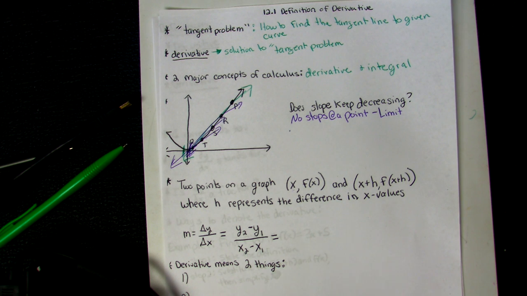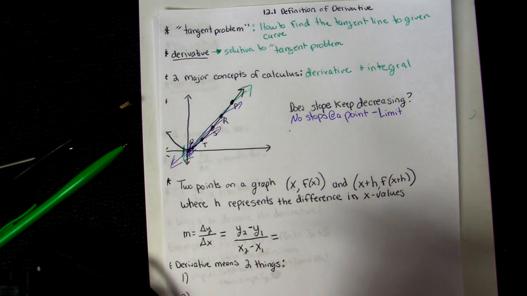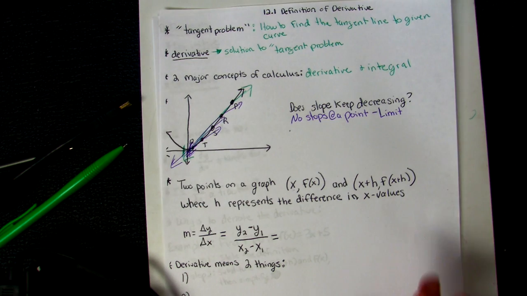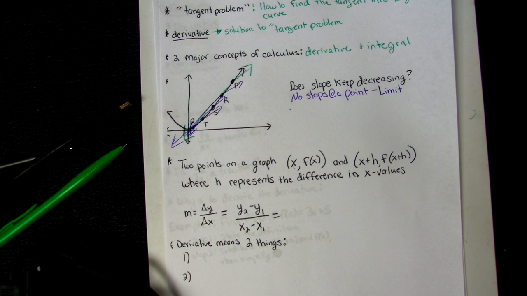And if we were to think about the slope, which again, remember, we're trying to find the slope of this tangent line, we can use the formula for slope, which is the change in y over the change in x, or y2 minus y1 over x2 minus x1.